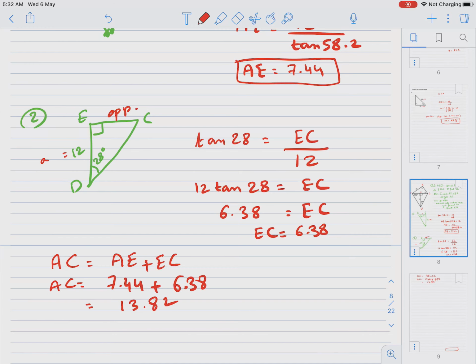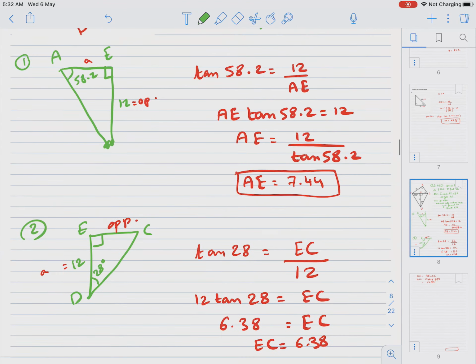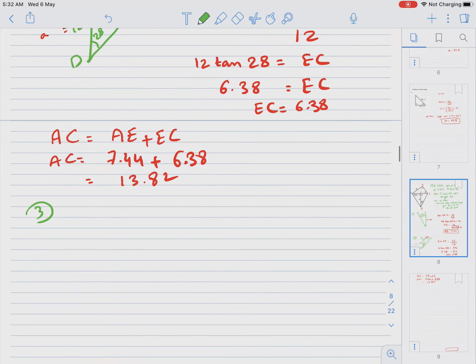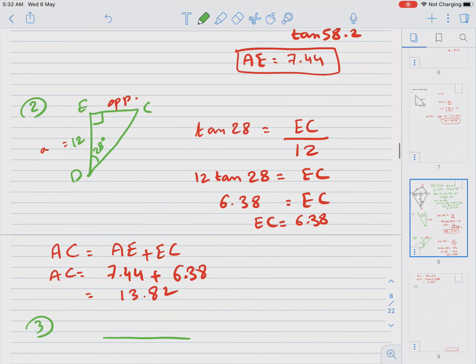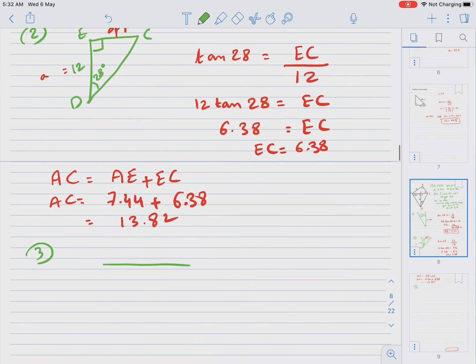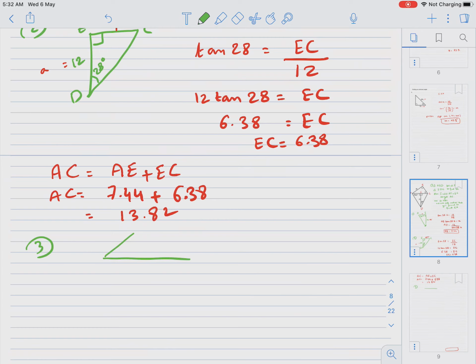Now I found AC. Now the third thing is to find angle X. So now the triangle is like this.